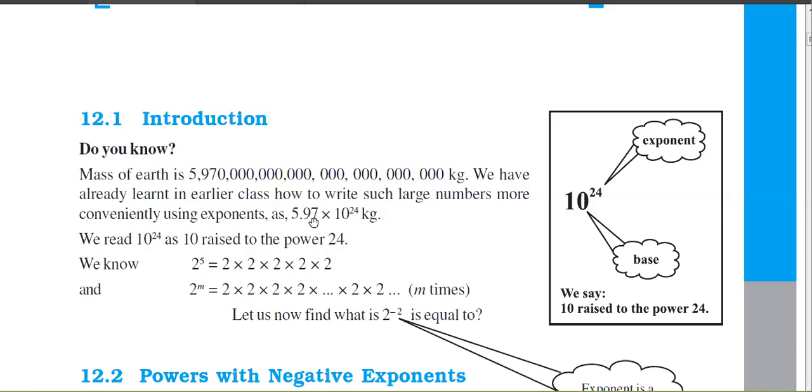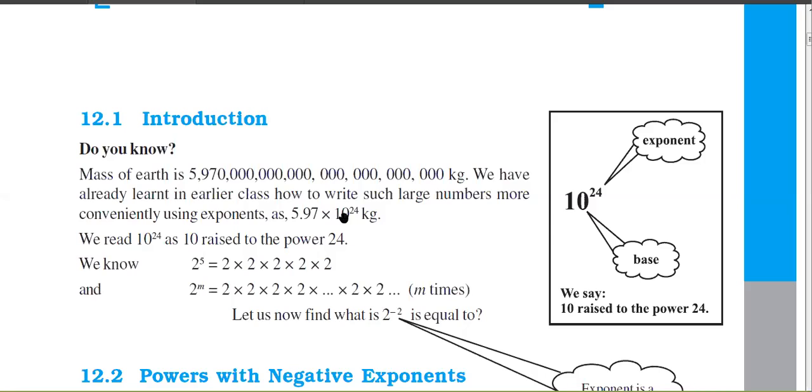Can you get it? Yes. So when you multiply 5.97 by 10 to the power 24, you will get this long number. 10 to the power 24 is nothing but 1 followed by 24 zeros.